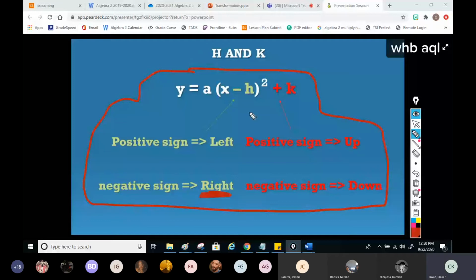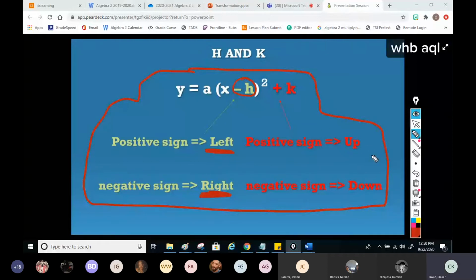If this is a positive, the graph shifts to the left. Okay, so that means right here, it tells you everything about going left and right. It's all about the h, whatever number that is. If it's a minus sign, it shifts to the right. If this is a positive sign, it shifts to the left.